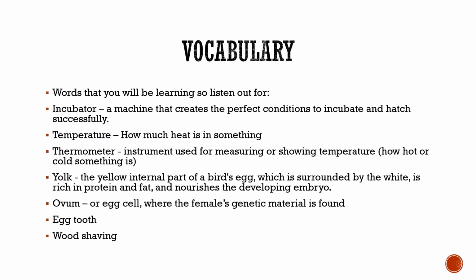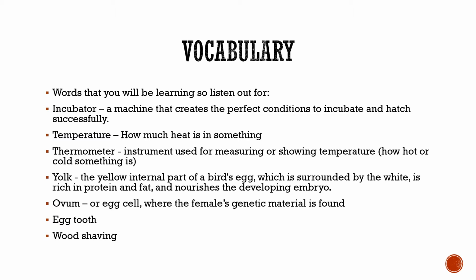And then thermometer. Thermometer is an instrument used for measuring or showing temperature, basically how hot or cold something is. And those thermometers are used especially in the incubators while you are working on growing and developing those eggs to get to the hatching point.